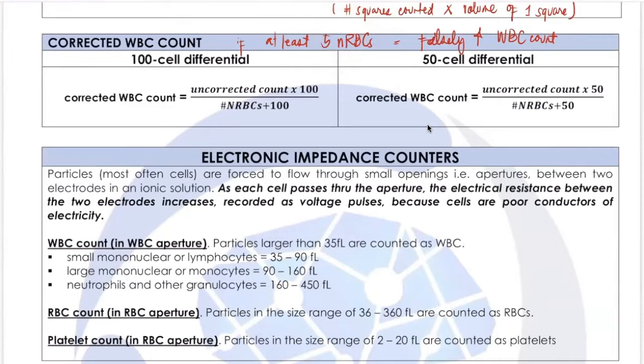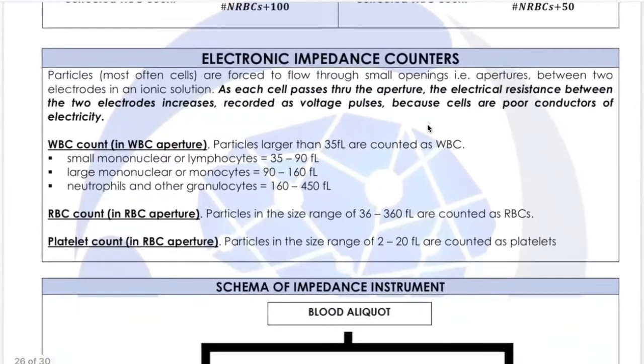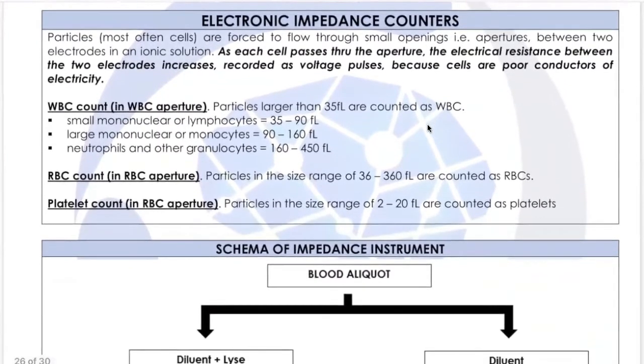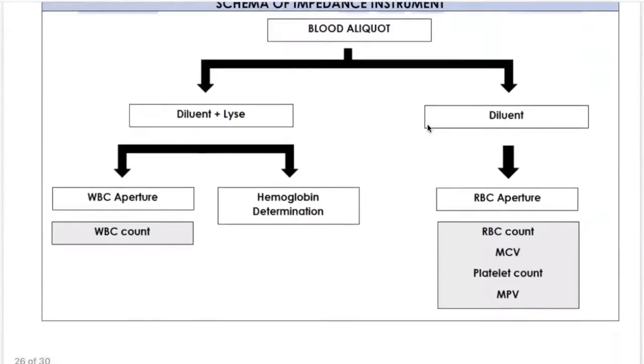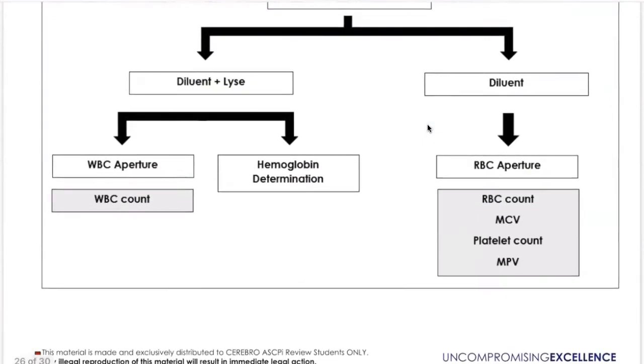So now punta tayo guys sa ating electronic impedance counters. Of course, electrical impedance is one of the basic principles or the basic methods used in automated cell counting. Sa katunayan, dalawa yan sila eh. We have the electrical impedance and the other one is the optical light scatter. Okay, lagay ko dito sa baba.